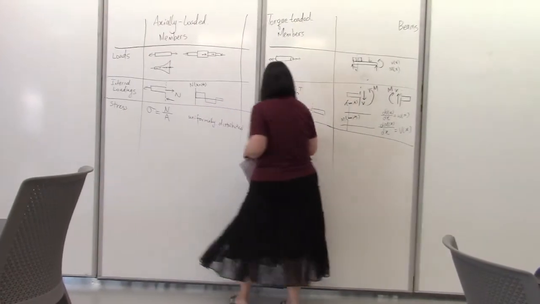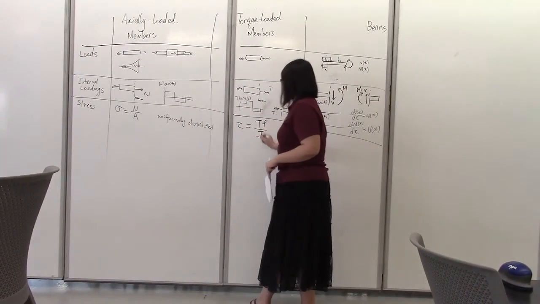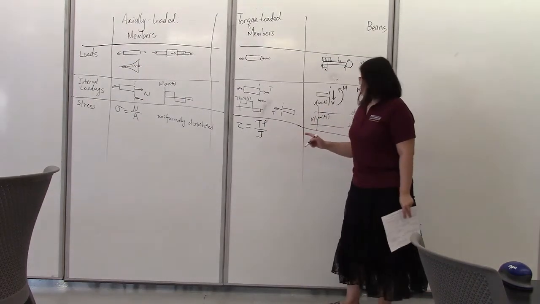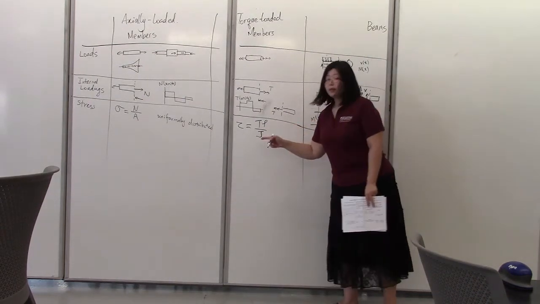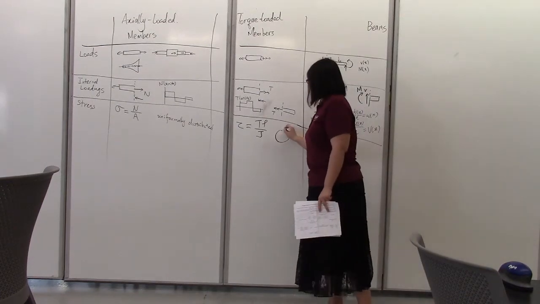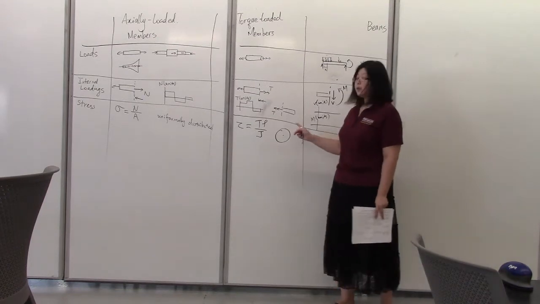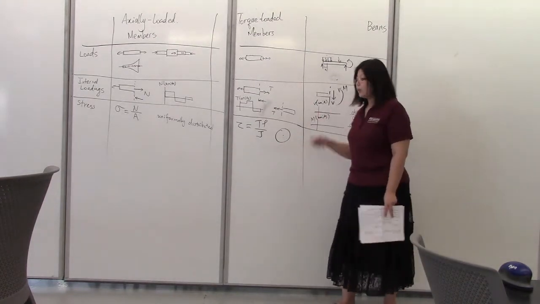The shear stress is linear with respect to the center of the cross-section of a torque-loaded member. So in this course, we focus on circular cross-sections only for torsion problems.